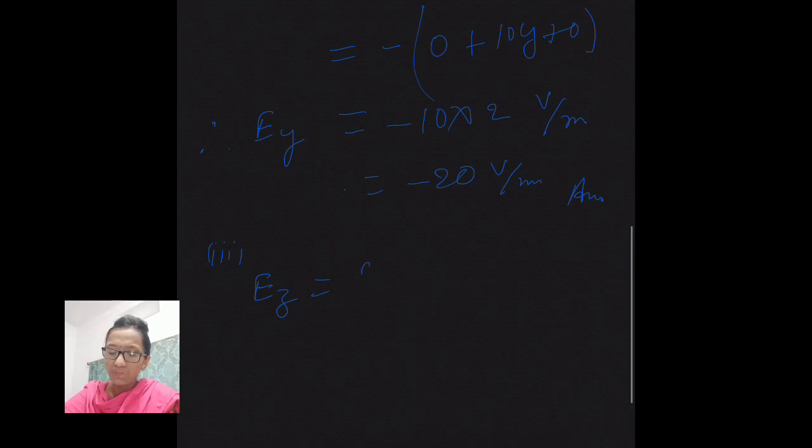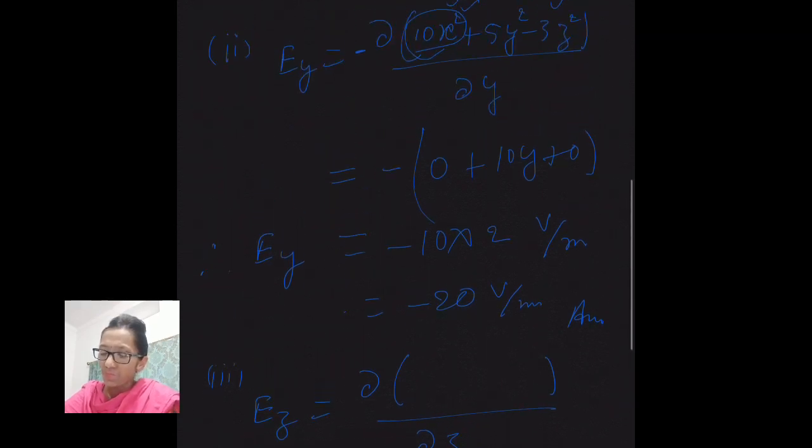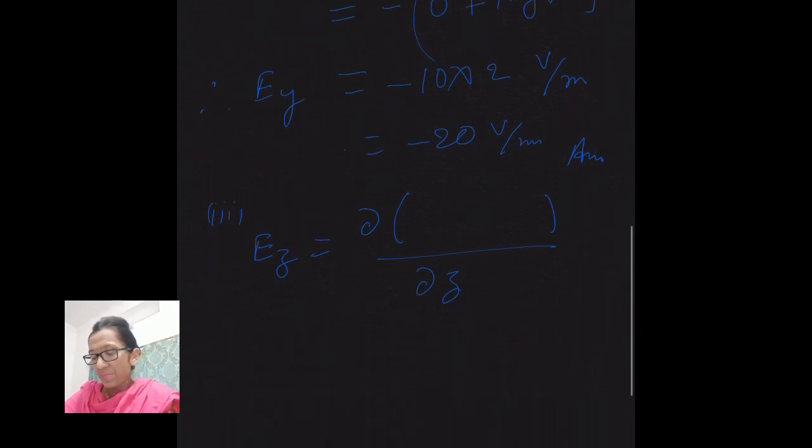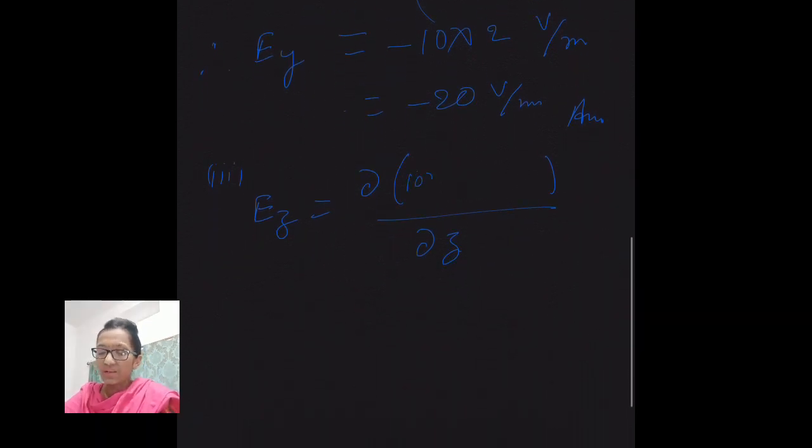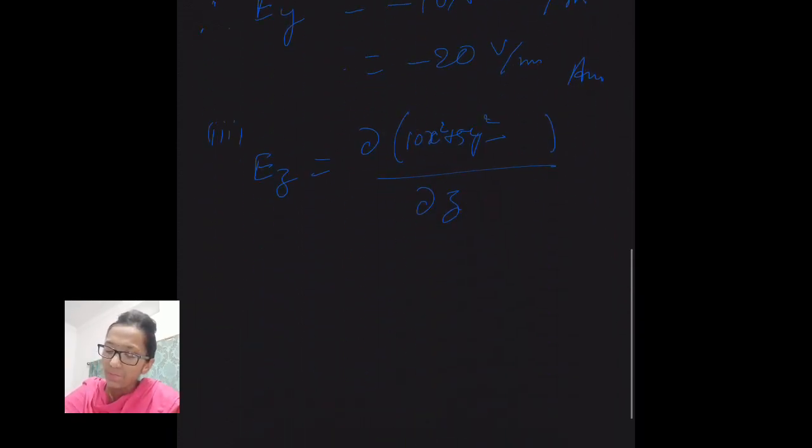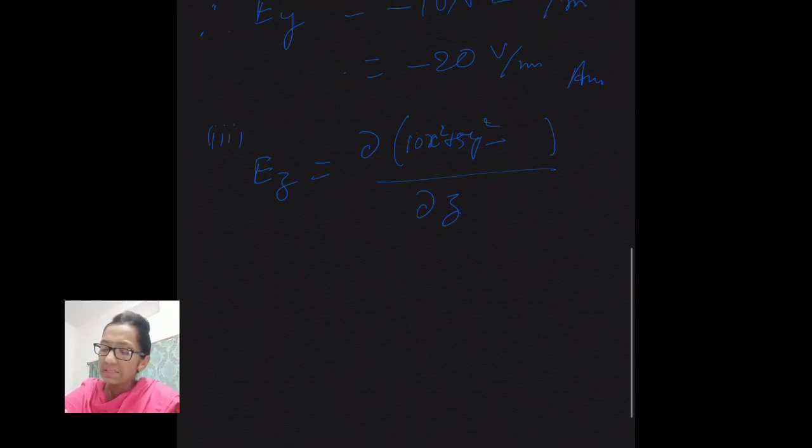And third one now, you have to find the electric field along the z axis, and this will be equal to minus differentiation with respect to z only of 10x squared plus 5y squared minus 3z squared.